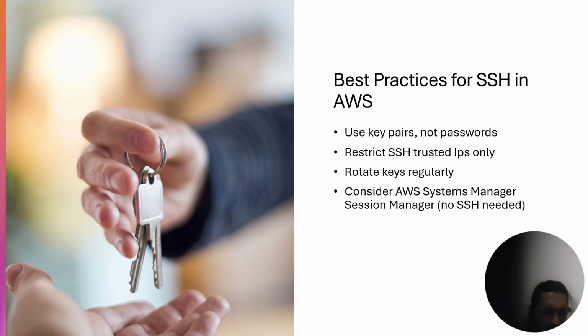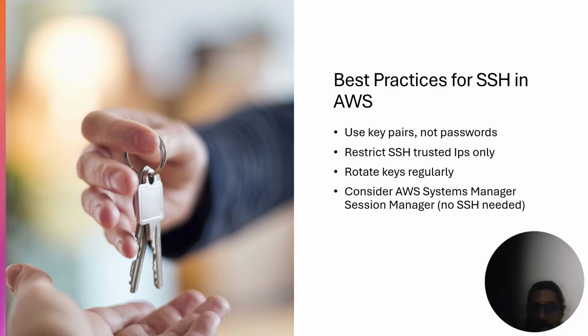Restrict SSH access in your security groups to trusted IPs only. Rotate your key pairs periodically to improve security. And for even better control, consider using AWS Systems Manager Session Manager, which allows you to connect to instances without using SSH.